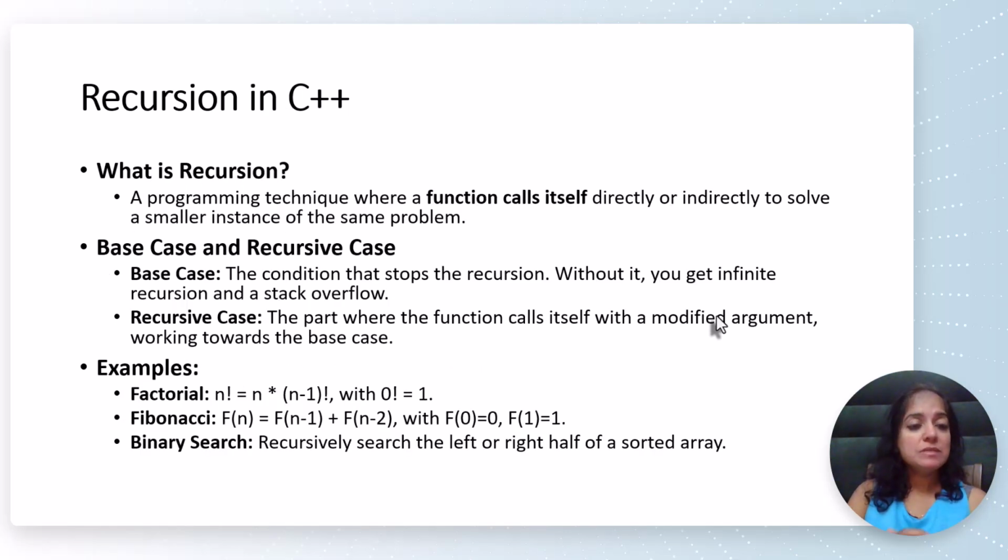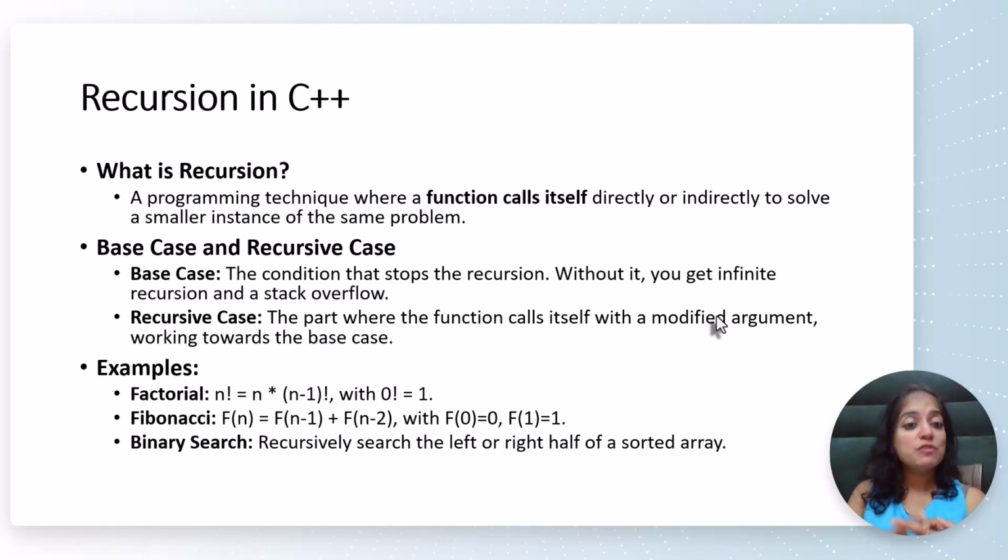The next topic we covered in week one was recursion. So what is recursion? If you remember, recursion is a technique in which a function calls itself. We also discussed that two cases should be there: the base case and the recursive case.